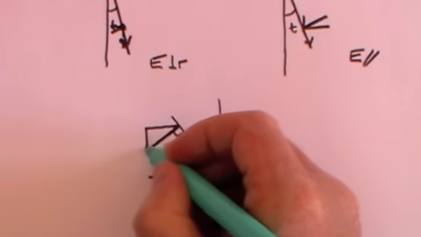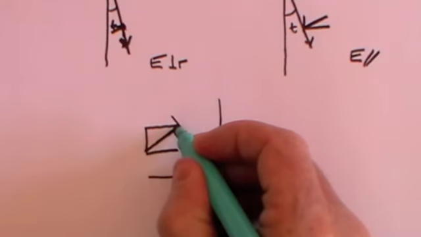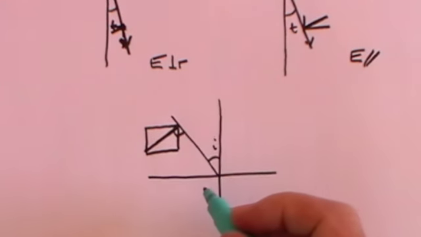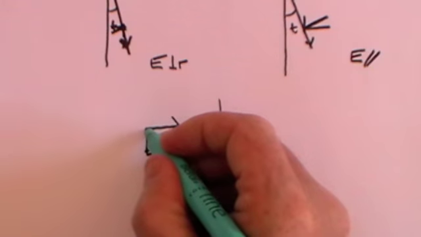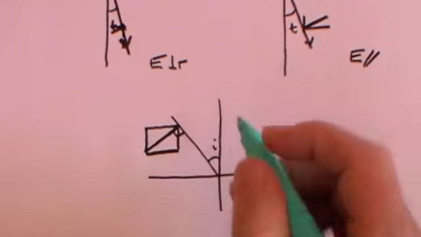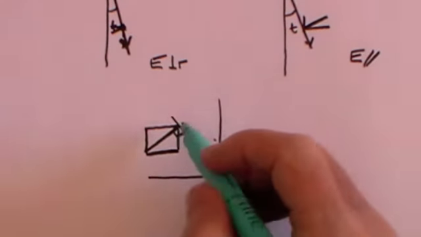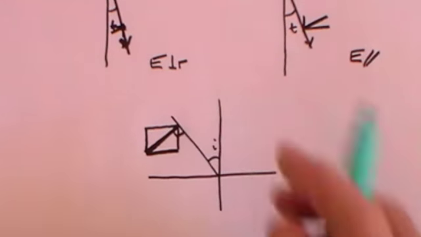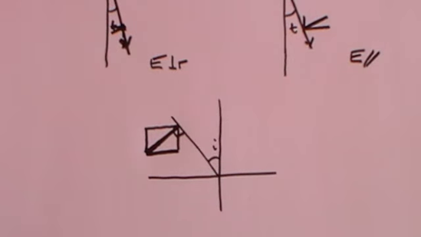We'll resolve that B field into two terms. We've got a vertical term and a horizontal term. That is simply resolving this B field into its two component parts.